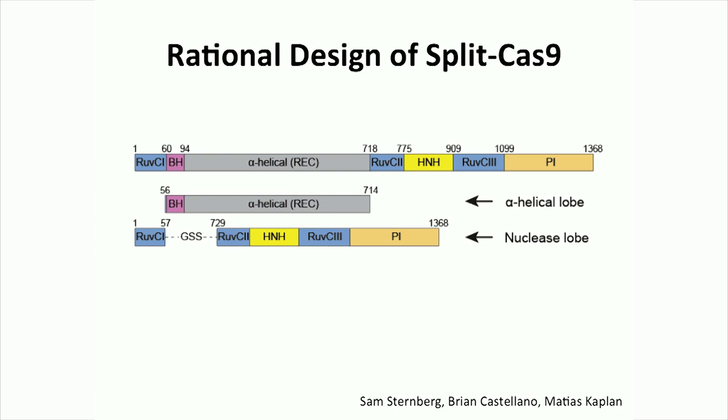So the idea here was to take this portion of the primary sequence of Cas9 and then connect it by a linker to the very N-terminal end of the protein that provides the rest of the sequence necessary to form the RuvC catalytic domain. And so there was a fair amount of fooling around with this linker and how long should it be and what should its composition be to eventually find a sequence that would allow expression and stable folding of the protein.